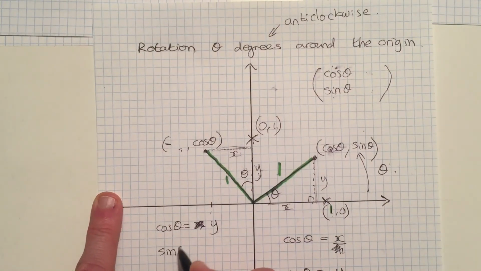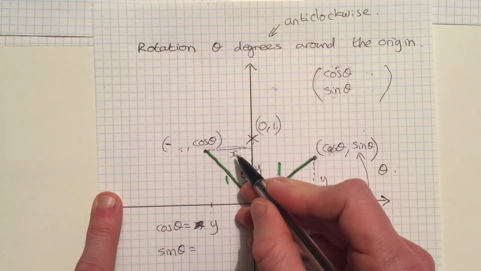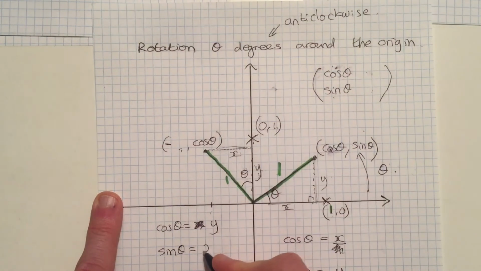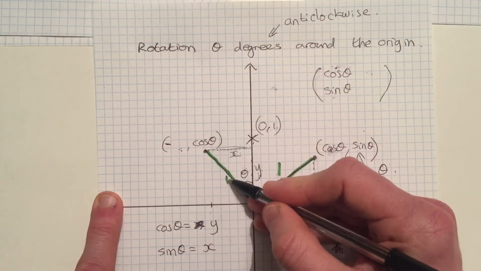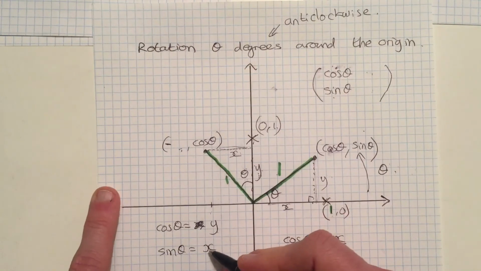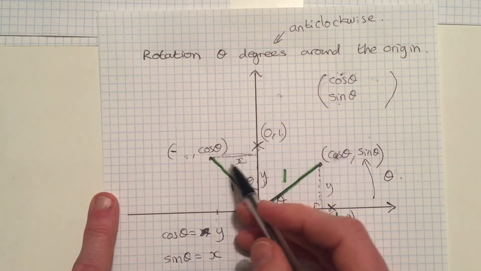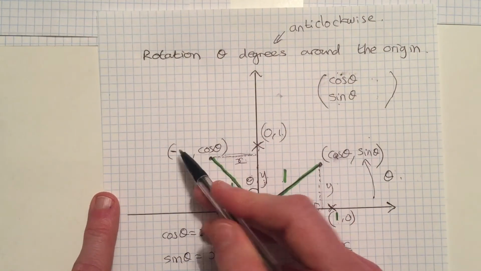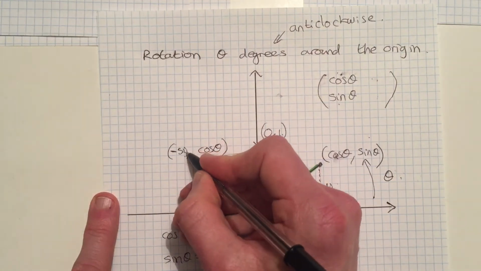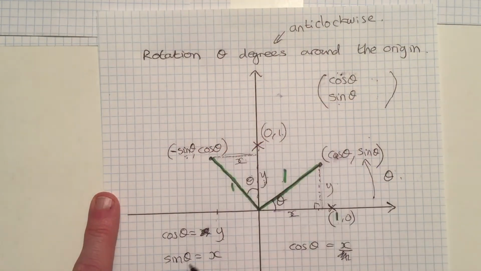I can say that sine theta is the opposite, which in this case is x, divided by the hypotenuse, which is 1. So sine theta is equal to x. But remember, we needed this to be negative. So this is actually going to be minus sine theta, not just sine theta.